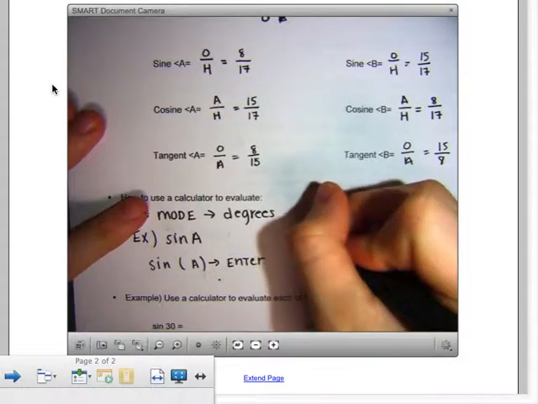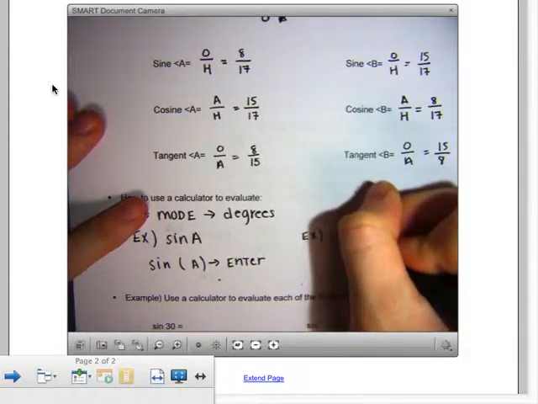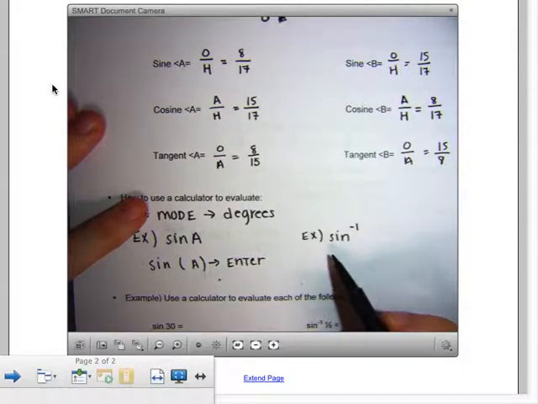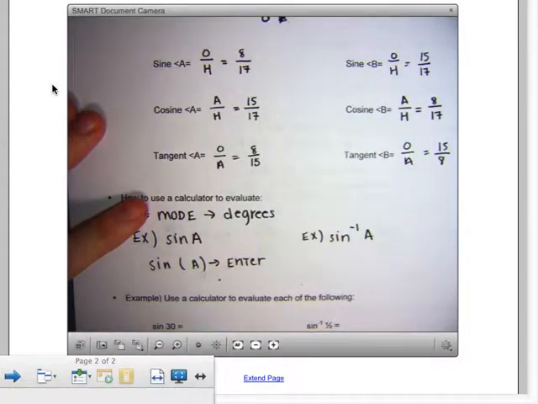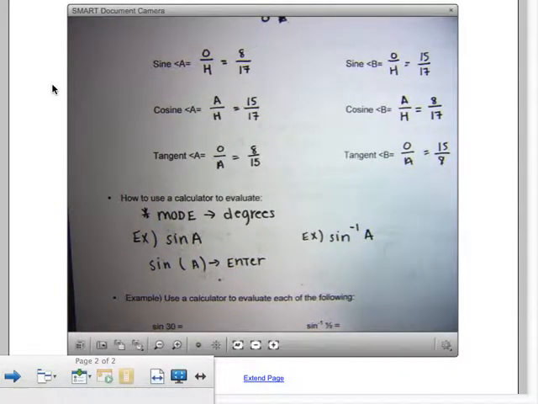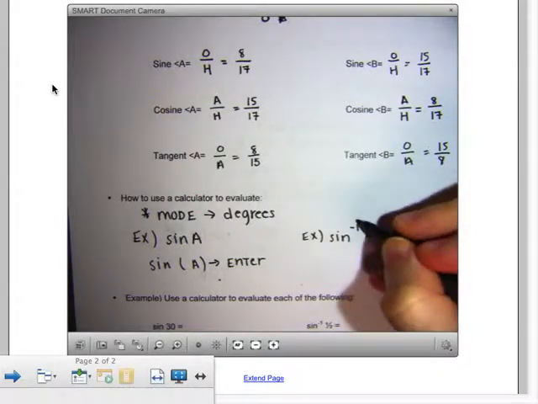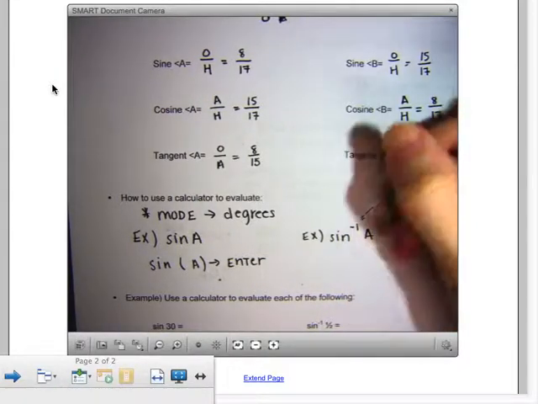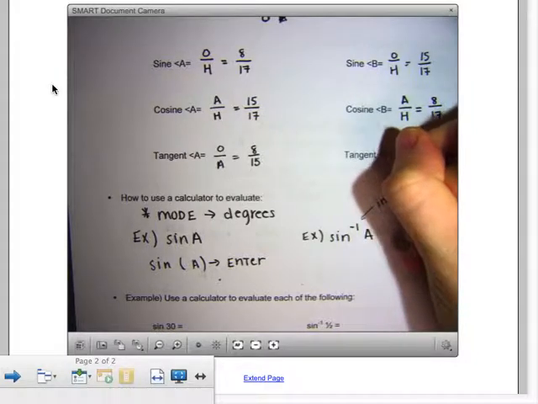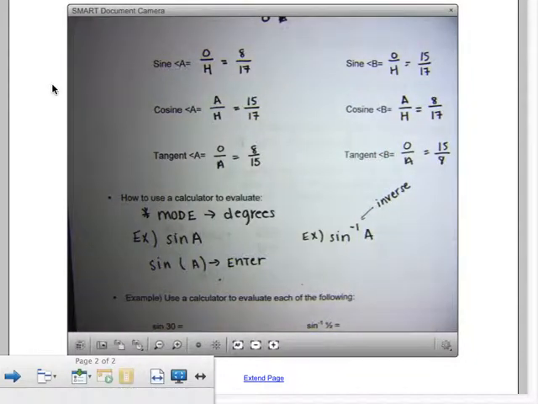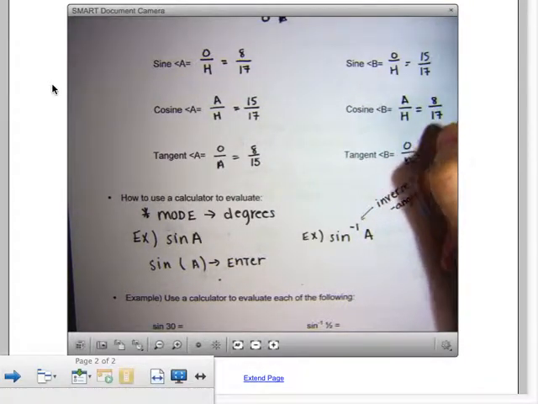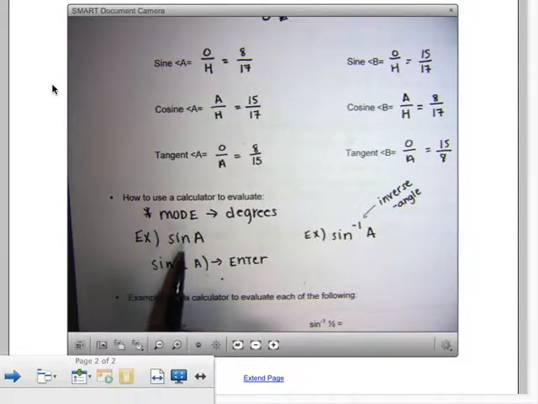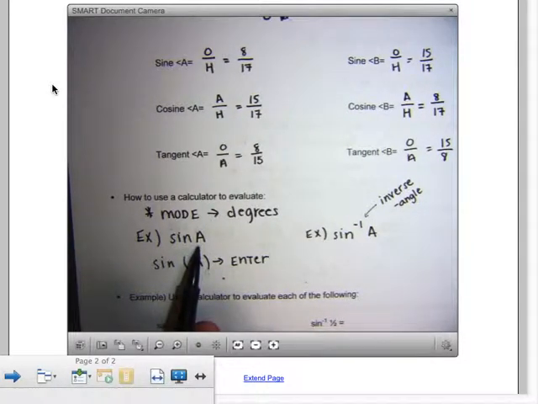On the other hand, if we have sine to the -1 power, we'll say A again. This -1 means inverse. Anytime you are finding the inverse, you are finding an angle. So if there is no inverse, you already know the angle.